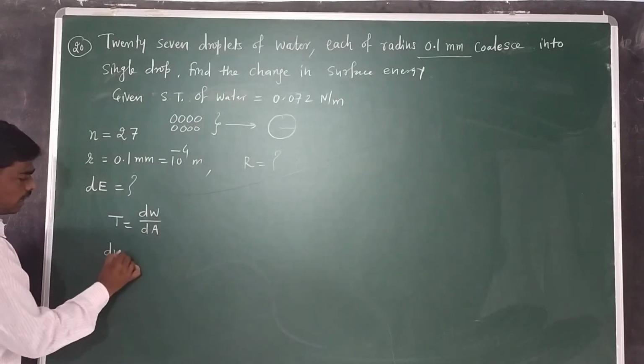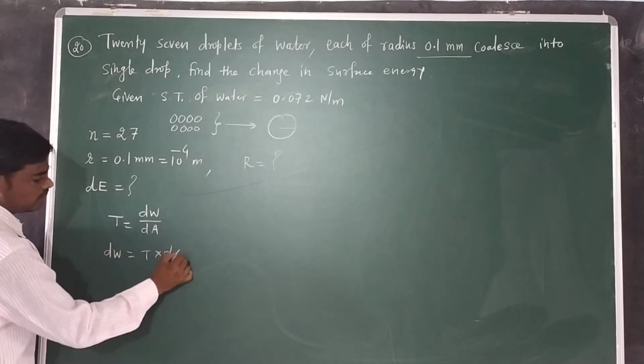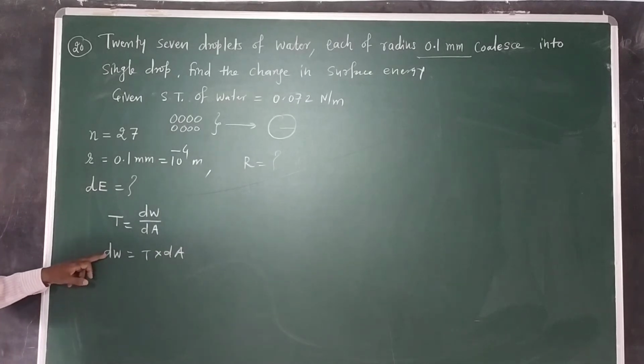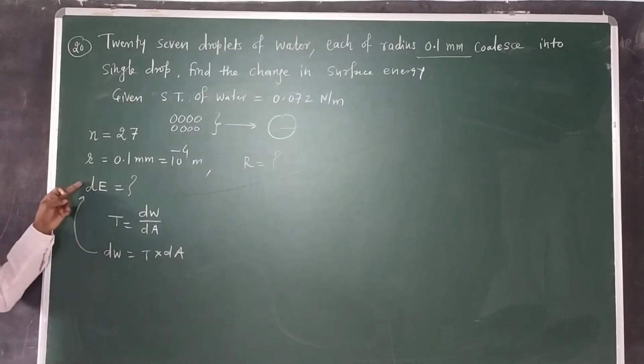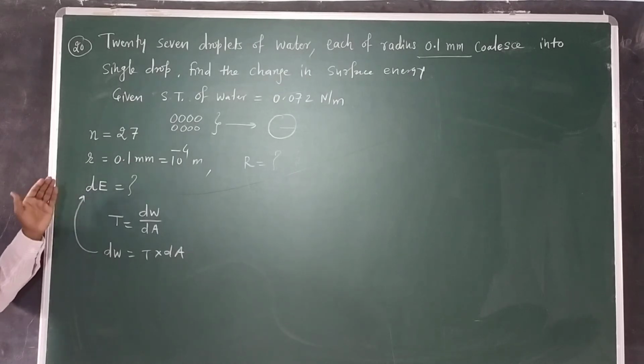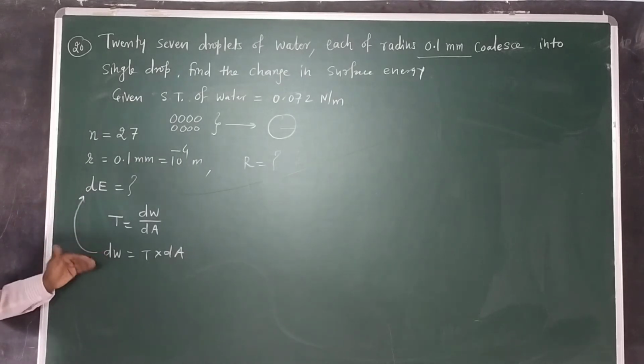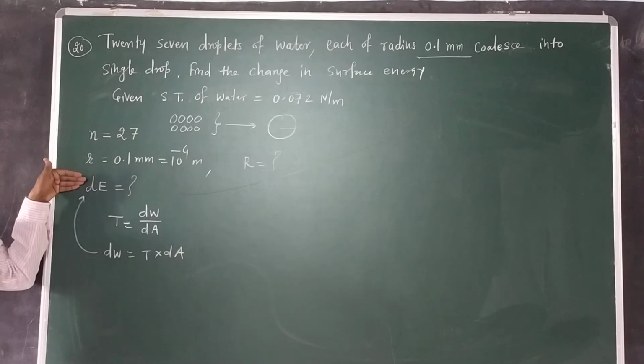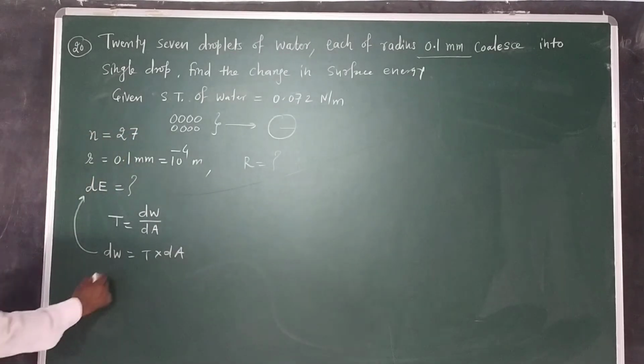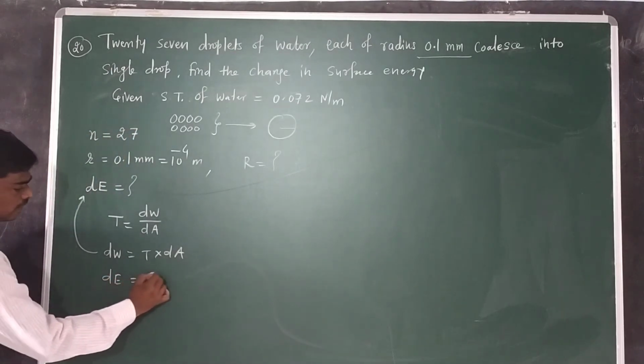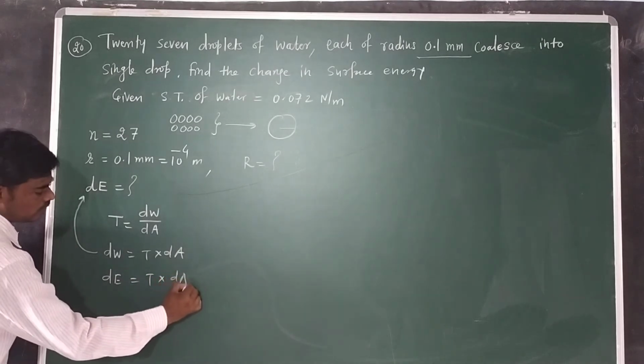So work done dW is equal to T into dA. And remember, this work done is converted in the form of energy dE. So work done gives us the amount of surface energy during this process. So I will write here dE equals T into dA.